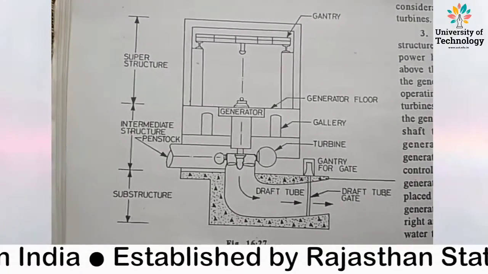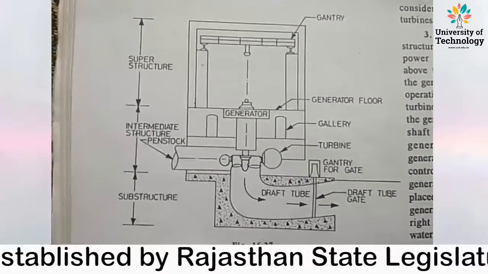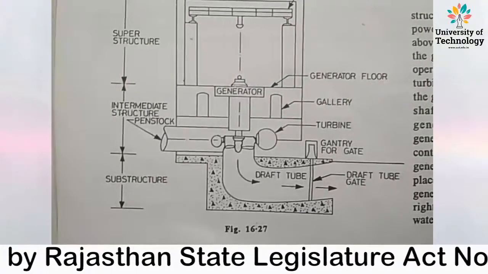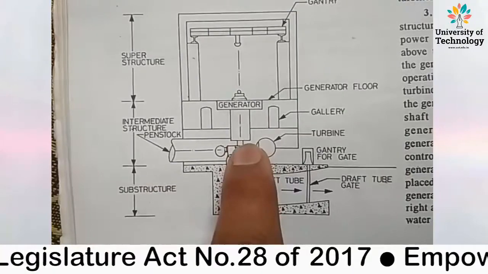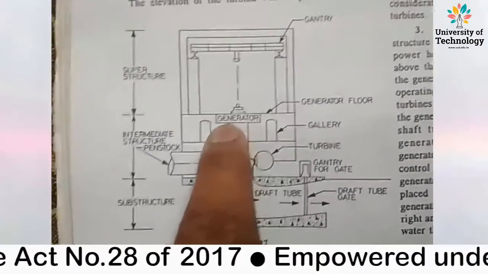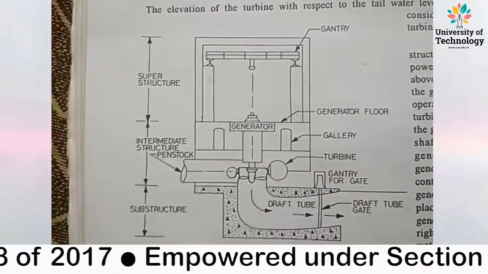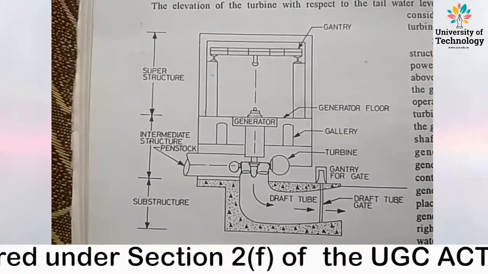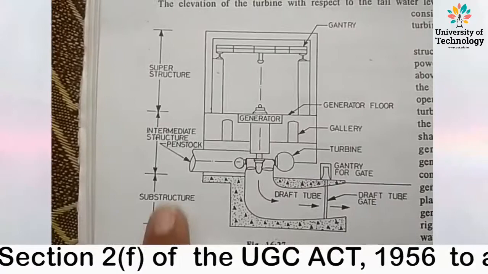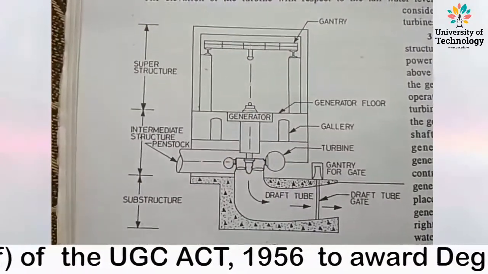The turbine is placed below the generator, and the shaft of the turbine is placed on the generator floor.